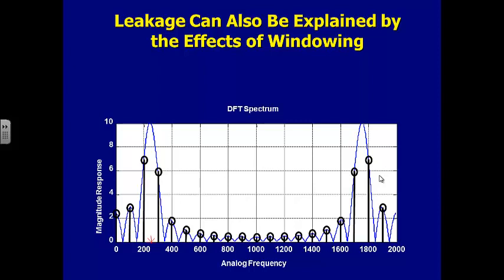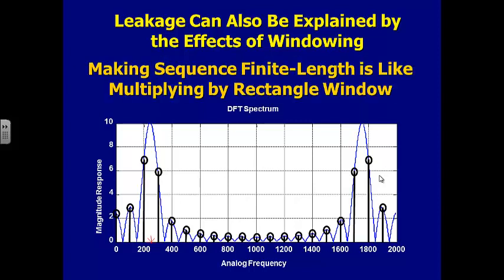And we can use this whole windowing understanding to also explain leakage. When we take a periodic signal and extract a finite number of samples, that's the same as multiplying it, as we said, by a rectangular window that's as long as the number of samples we want to take.